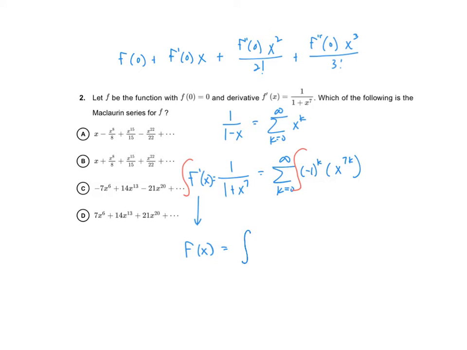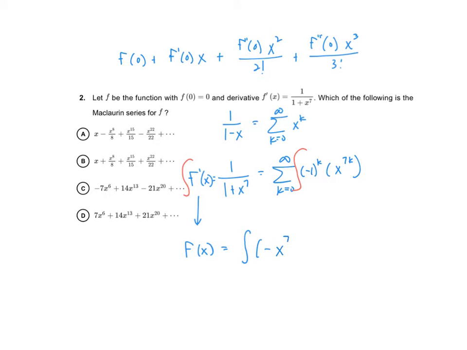If you plug in 1, you get negative x to the 7th.